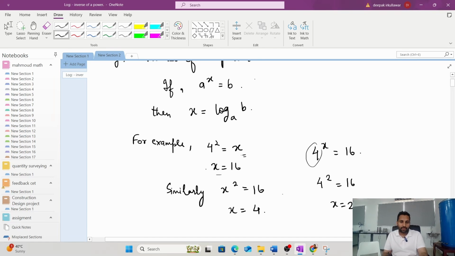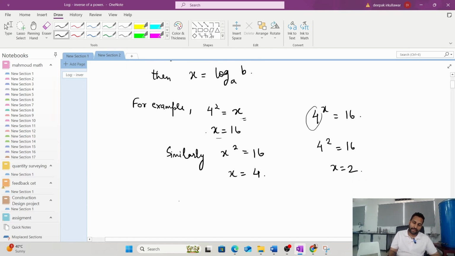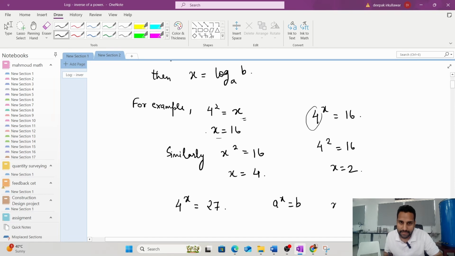But suppose you have a complex term, such as 4 to the power of x, and instead of 16 I write 27. Then what would be your value of x? Then you can use this relation: a to the power of x is equal to b can be represented as x is equal to log a b.